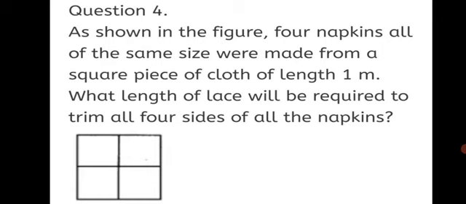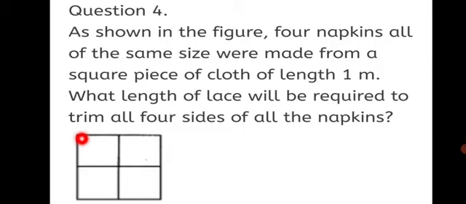Now we have here that 4 napkins were made from the square piece of cloth which is 1 meter. So this one side will be 1 meter. So half of it will be 0.5 meter. Means one side of one square piece is 0.5 meter.